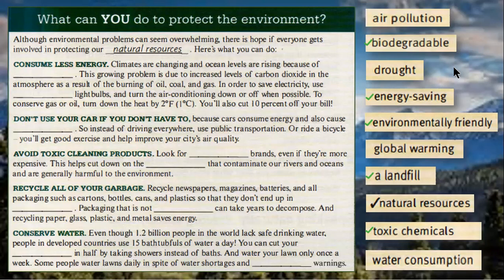You can cut water consumption in half by taking showers instead of baths and water your lawn only once a week. Some people water lawns daily in spite of water shortage and drought warnings. Yes, very good. Excellent, guys.